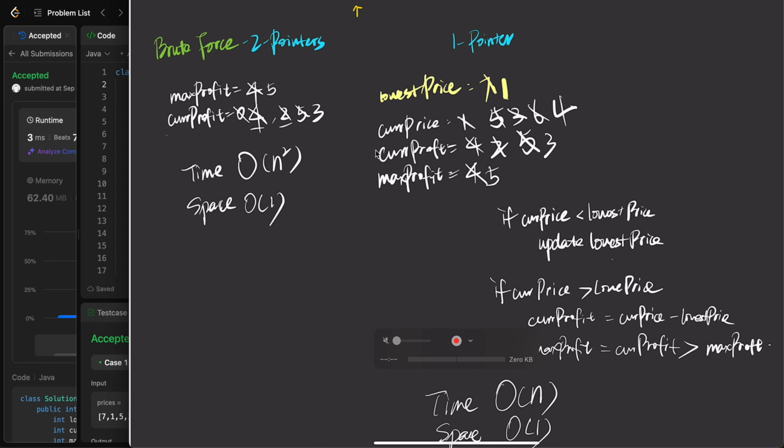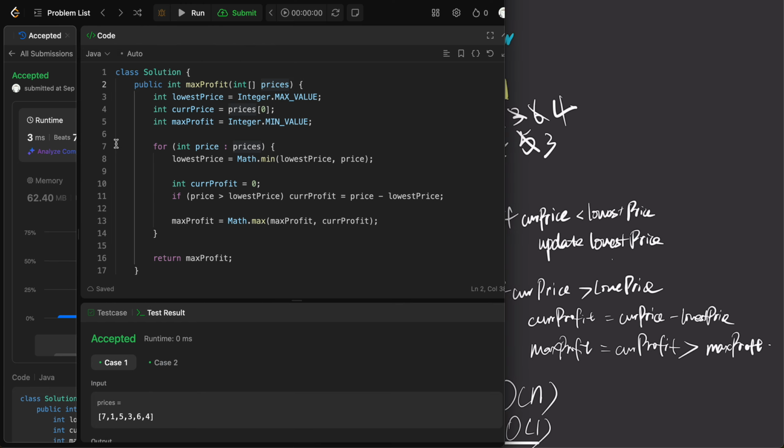Just use a variable to help us remember something. And then when we see a new price or new value, we can just update it, the maximum or lowest, something like that. That will help us save some time and cost us just big O of N, right? And that's how we solve this problem.